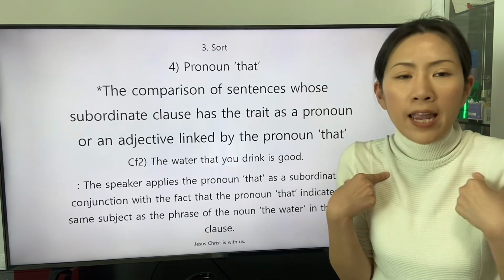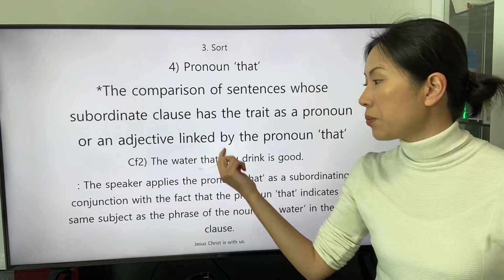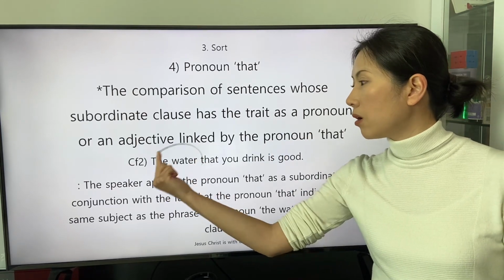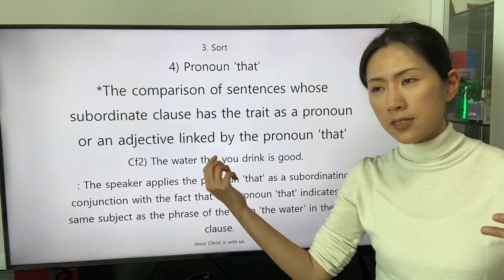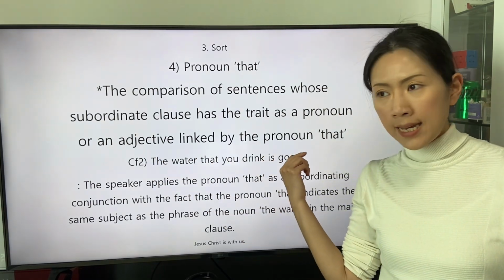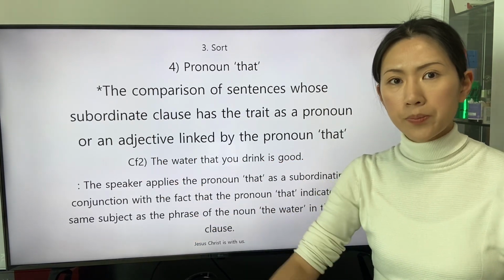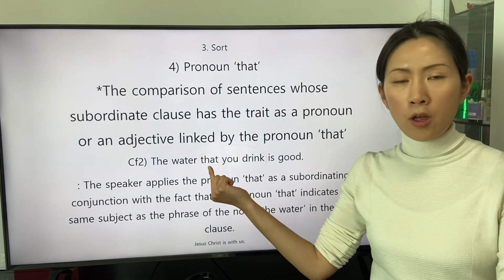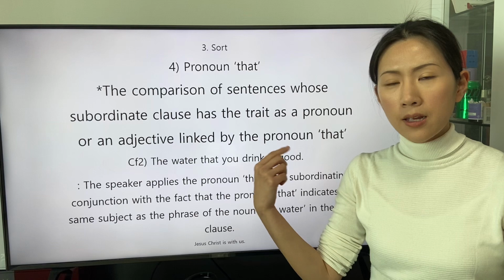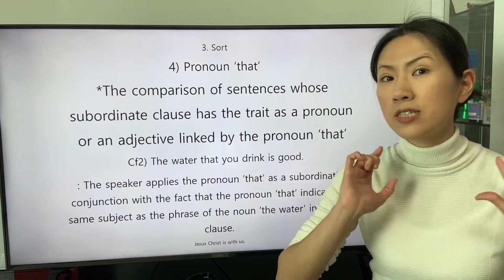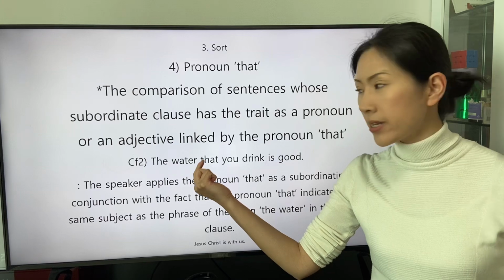The listeners can understand that the pronoun that indicates the same object as the precedent, the water, in the main clause. Then the subordinate clause linked by the pronoun that has the trait as a description, especially an adjective for the precedent, the water.